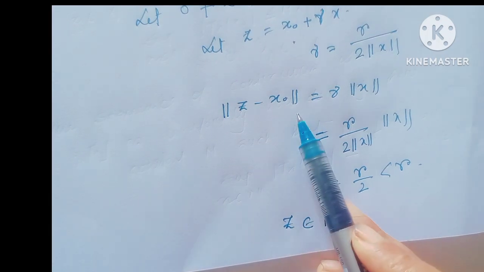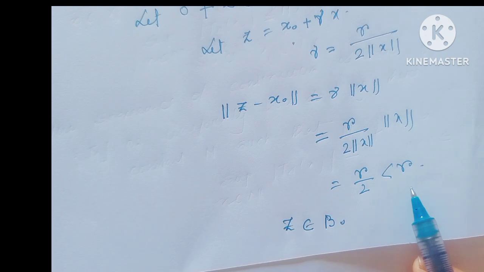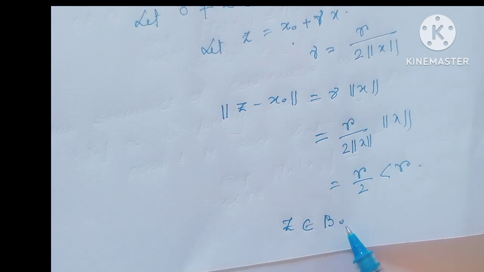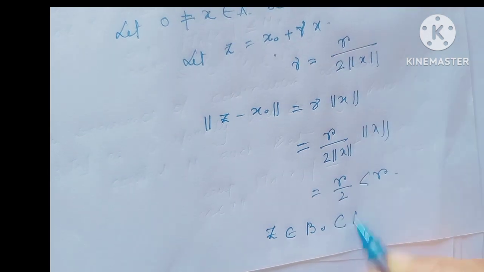Since norm of z minus x0 is less than r, z belongs to B0, and B0 is contained in Ak0.